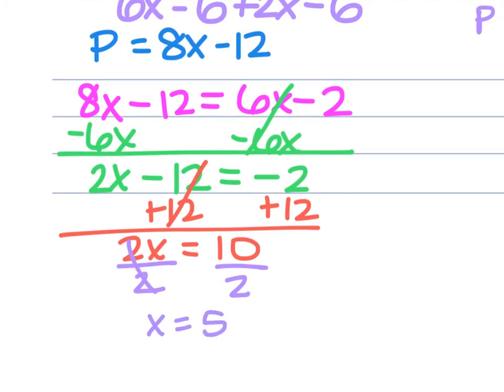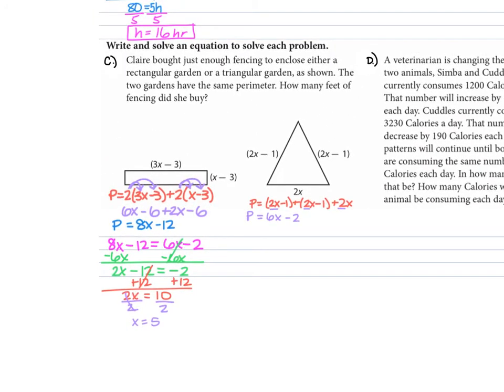Now, what you do with this 5 is you plug it in to one of these. They want to know how many feet of fencing she bought. So x is 5 in both of these.